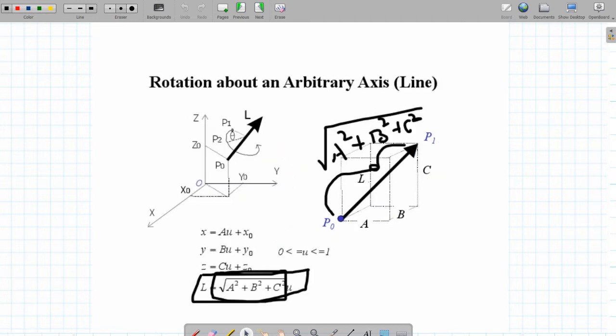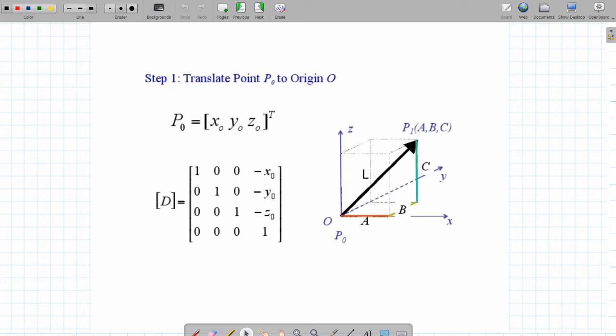The coordinate for point P0 is x0, y0 and z0. So if you translate this line by minus x0, minus y0 and minus z0, then your line is going to pass through the origin.